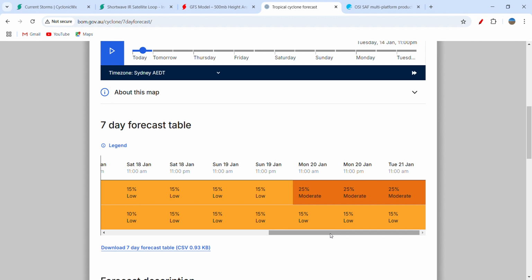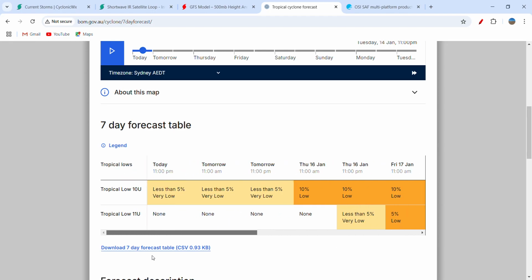That's automatically assumed to have the system at 3/4 gales at the very least, and that will allow it to be classified finally officially as a tropical cyclone.